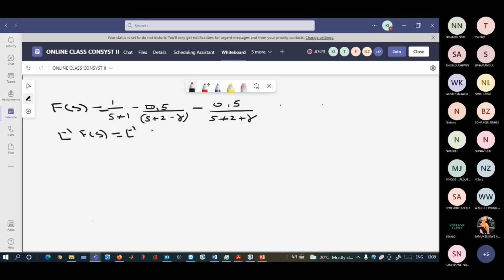This is going to be 1 over S plus 1, and this one minus 0.5 L minus 1 of 1 over S plus 2 plus J, minus 0.5 L minus 1 of 1 over S plus 2 minus J.